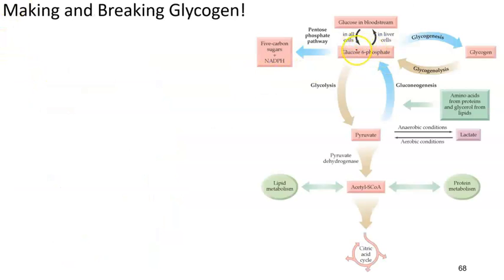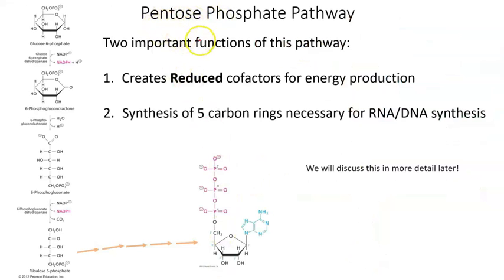In addition to breaking glucose down using glycolysis to pyruvate, or building it up with gluconeogenesis to create glucose molecules, I also want to briefly talk about the pentose phosphate pathway, and we're going to talk about this a little more in detail later. But two important functions of this pathway is we can take glucose and go through this pathway to generate components for cofactors, so the NADPH is made from this, as well as our backbone for RNA and DNA.